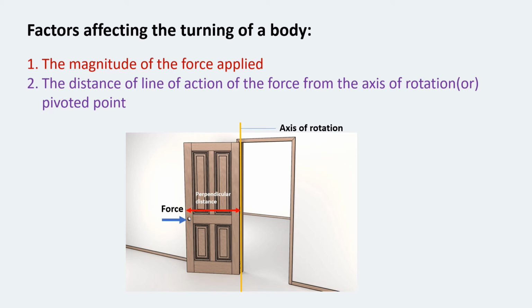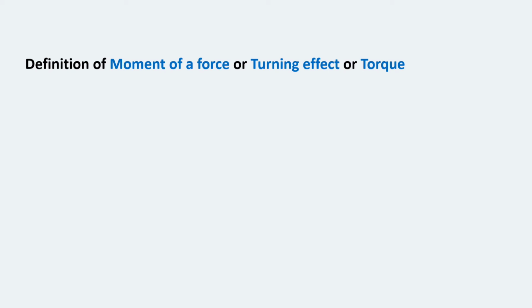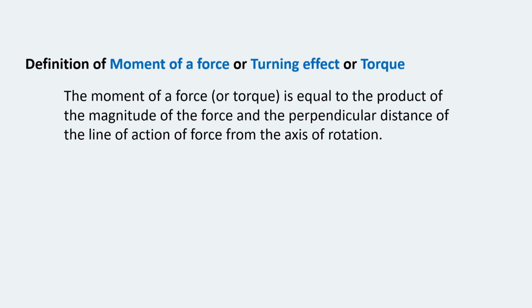The first one is the magnitude of the force applied, and the second one is the perpendicular distance of the line of action of force from the axis of rotation. So let us understand the definition of moment of a force, or turning effect, or torque. The moment of a force or torque is equal to the product of the magnitude of the force and the perpendicular distance of the line of action of force from the axis of rotation.